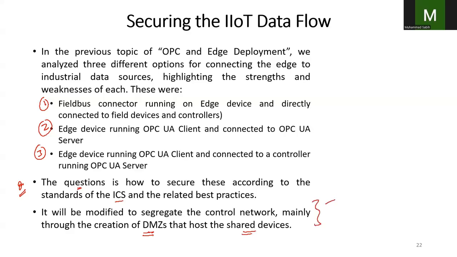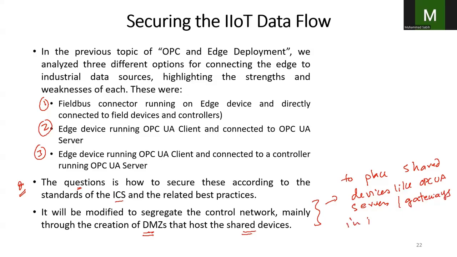This is the important thing we will see: to place the shared devices like OPC UA servers or gateways in an isolated zone rather than directly on the control or corporate network.